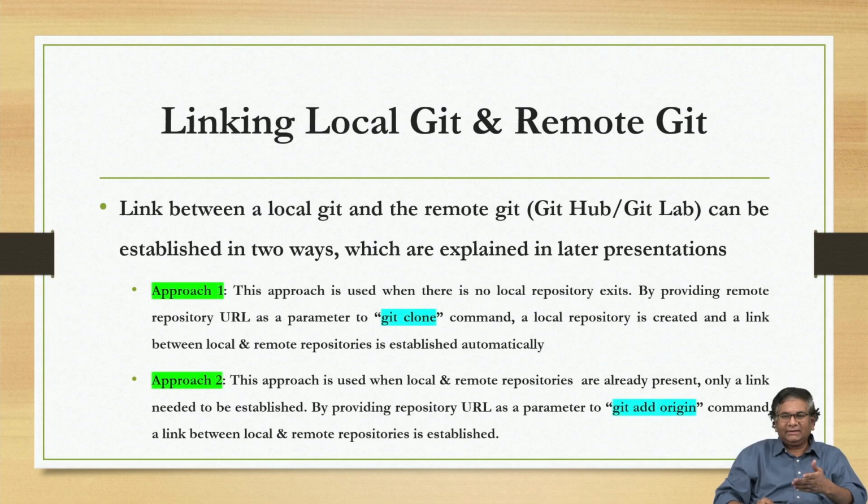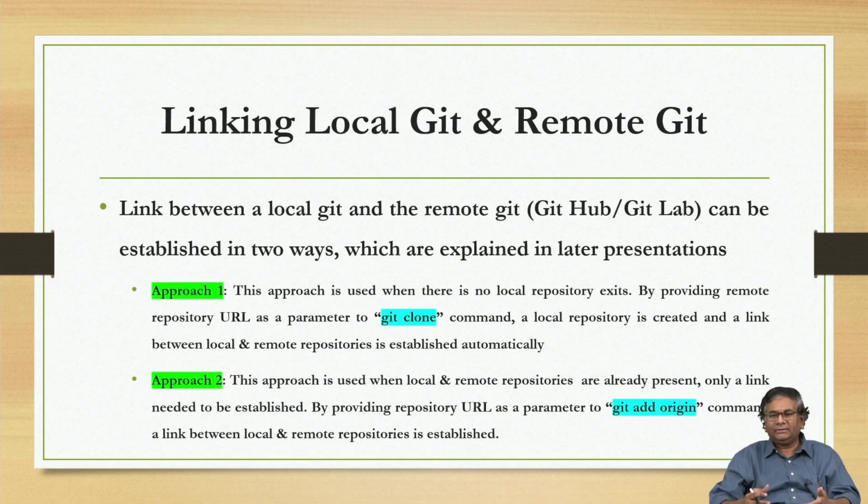The text says this approach is used when there is no local repository. For example, the project is not your project, it is somebody else's project, and now you are asked to work on it. It's your first time in the project, but the project is already there. They are already working on it, and the project is already there in GitHub.